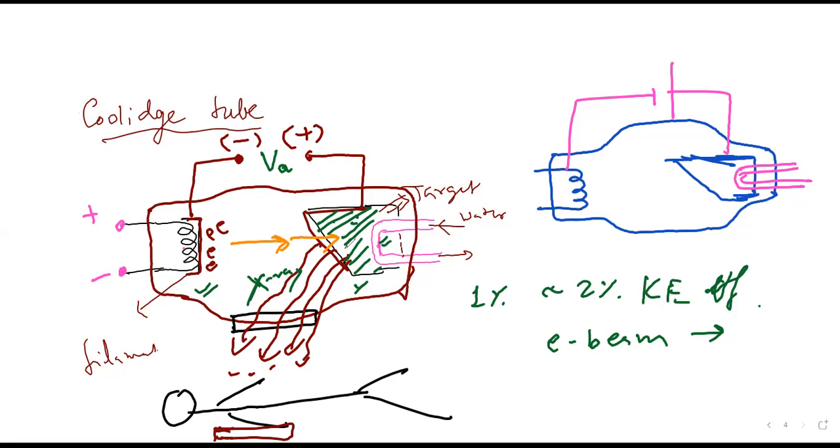We have not seen this one yet; we just want to look into the brief of how it is produced. Now, can you tell me about this target that we are using, what should be the characteristics of that target? Any idea?